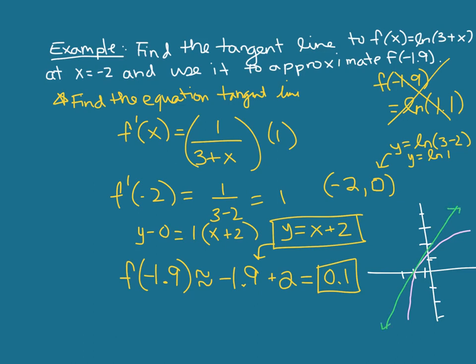Again, not a perfect tangent line. I do know that because this line is above it, and you can kind of see that the stuff on the tangent line is above the graph, this value is going to be an overestimate of my actual value. So that's just something to keep in the back of your mind. We'll do more problems related to overestimate or underestimate later on in the class.